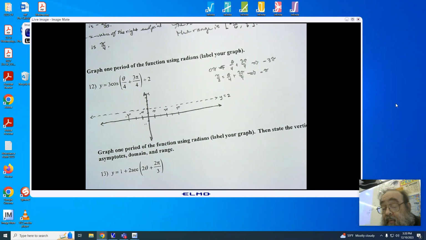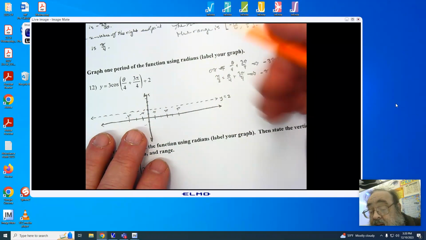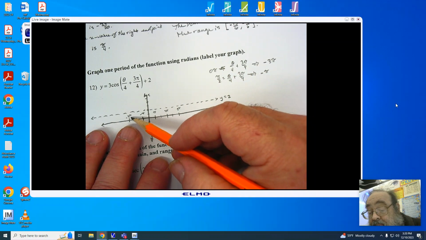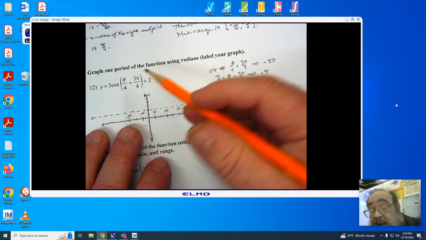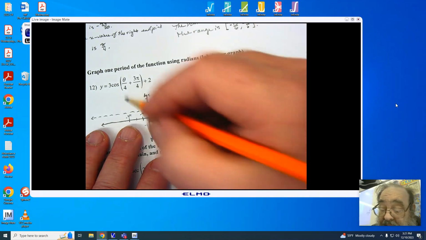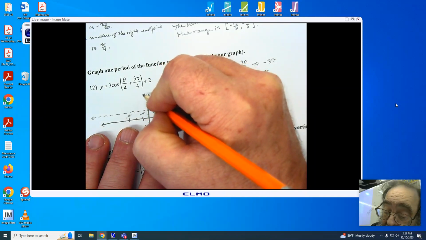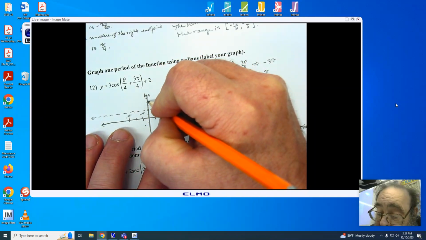So we know halfway in between, and we'll just go ahead and plot some points, whatever it takes. So if I decide to put negative 3 pi into this, I get negative 3 pi over 4 plus 3 pi over 4. This is the cosine of 0, which is 1. 3 times 1 is 3, plus 2 makes 5. And right here at negative 3 pi, I am at 5.